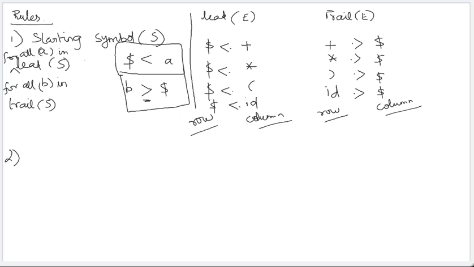The second rule says if you have a production in this format, that is A tends to XY, which means two continuous terminal symbols. Here X and Y are terminal symbols.